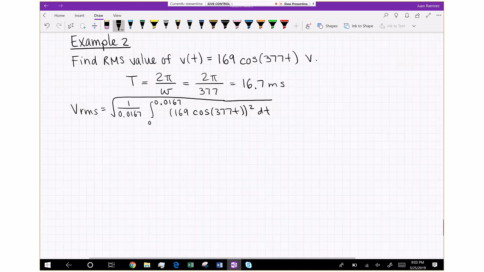Okay, and then after that it just kind of becomes a math problem. So we're going to square this. So the square you can apply to the 169 and to the cosine separately.